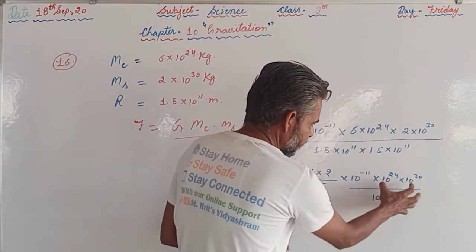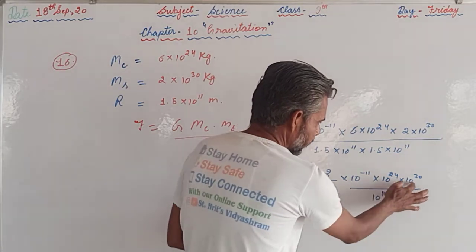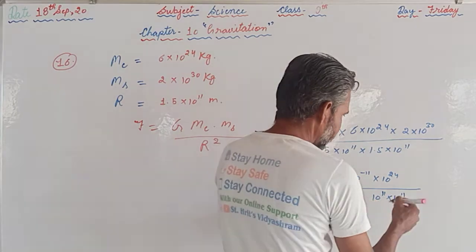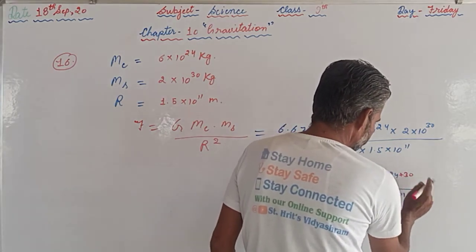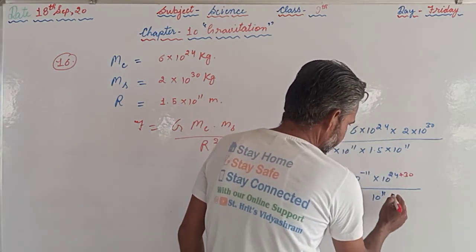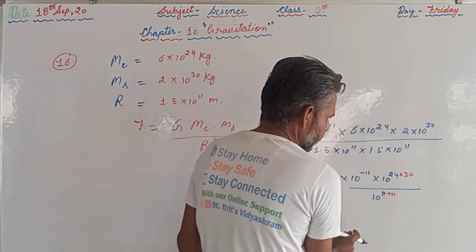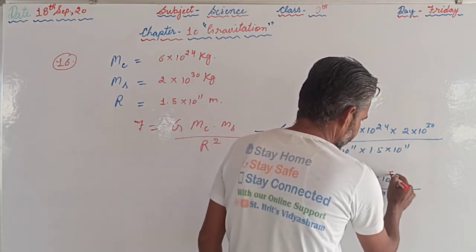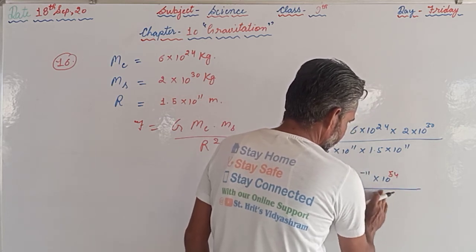So here the bases are the same. So what we will do? We will add these powers: 24 plus 30 will become 54, and 11 plus 11 will become 22.